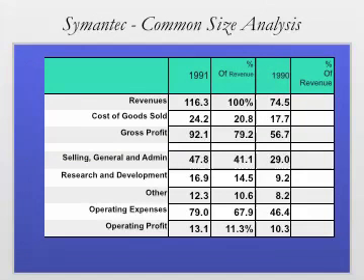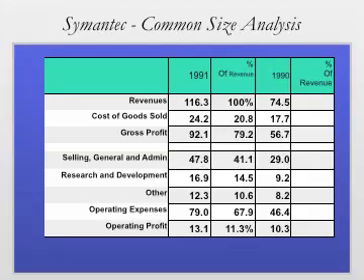So when we plug in those numbers, again rounding to the millions, one can see that in 1991, cost of goods sold was 20.8% of sales, taking the 24.2 million divided by 116.3, which generated a gross profit of almost 79 cents. So for each dollar we sold, 79 cents was left over to cover our selling, general and administrative, R&D, and other operating expenses.